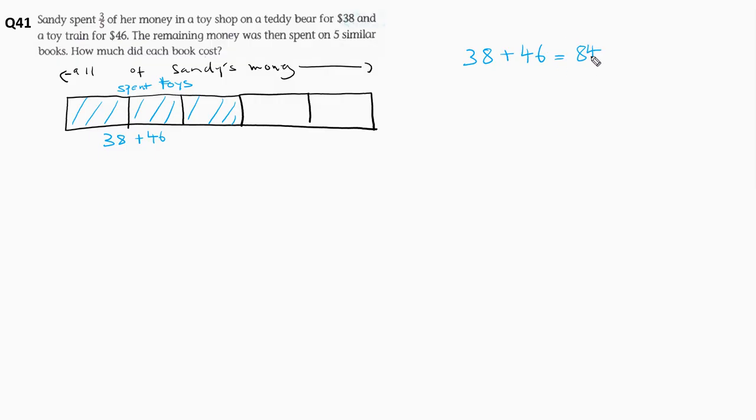And what's 84? Well, 84 is all the money she spent in the toy shop. So we know that these 3 parts have a value of 84.